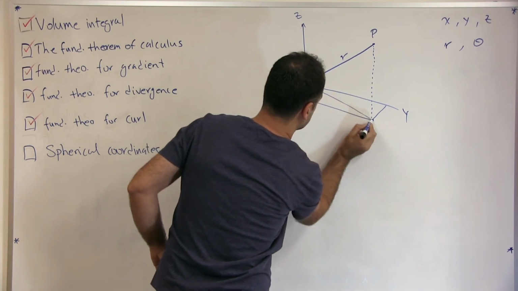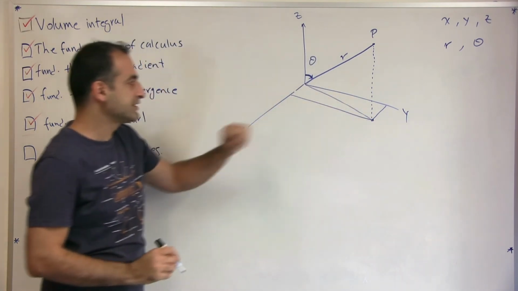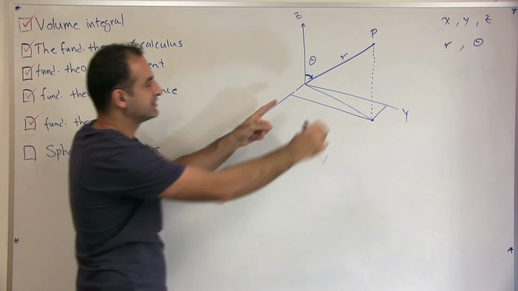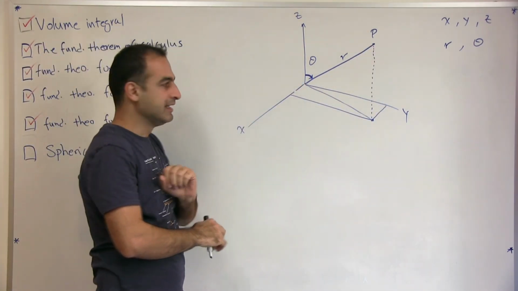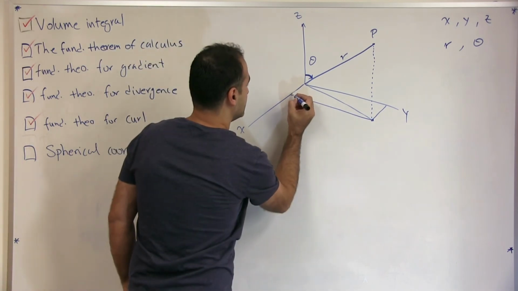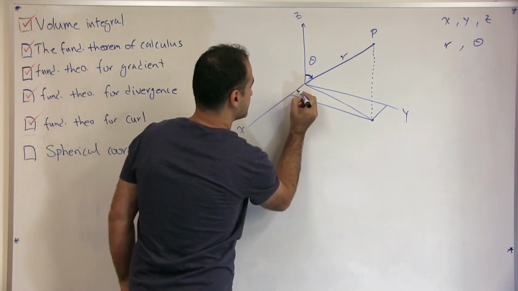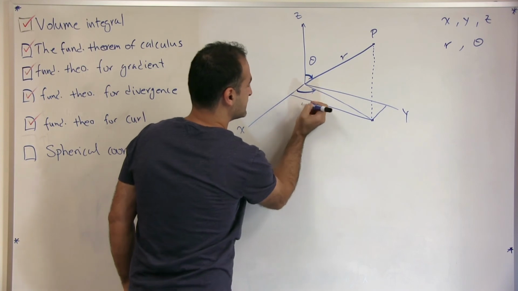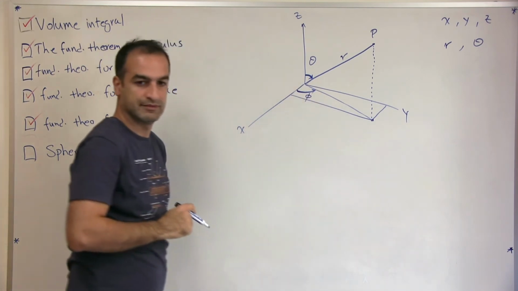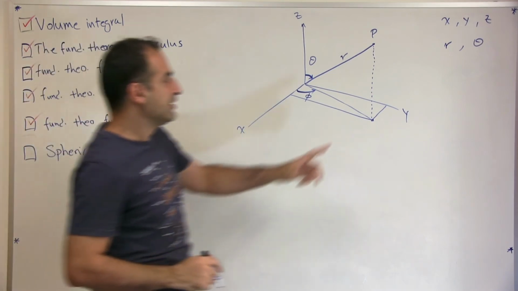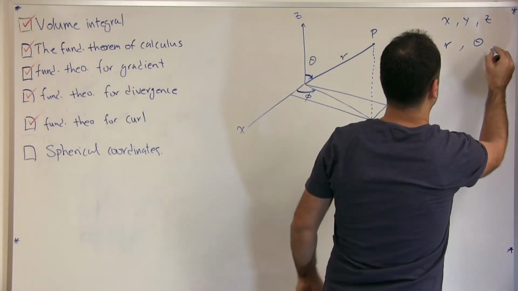So this line is confined to the xy plane and is technically the projection of R on the xy plane. And what I look at here now is the angle that it makes with the positive x-axis. And I call this phi. So R, theta, and phi.